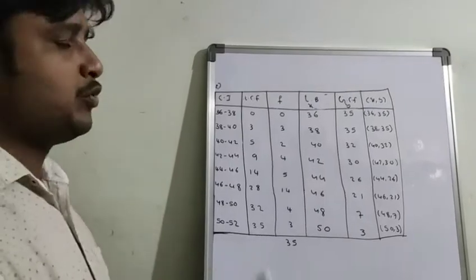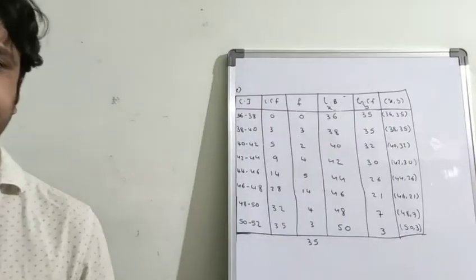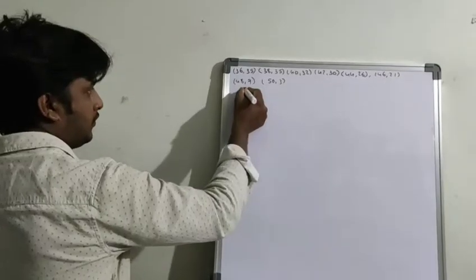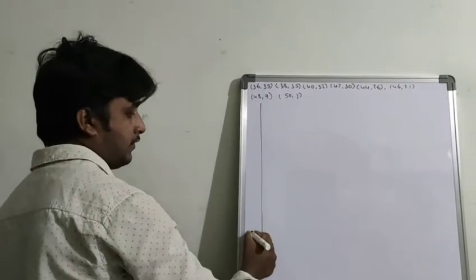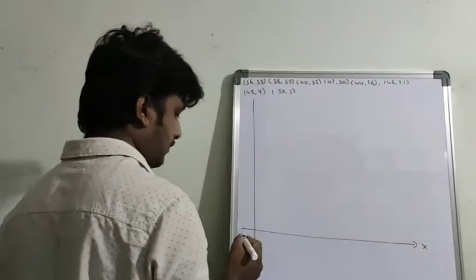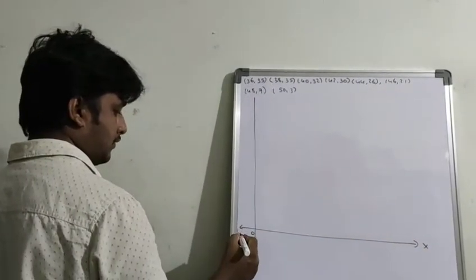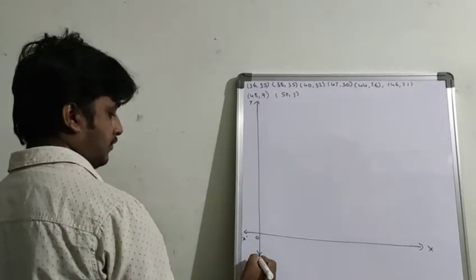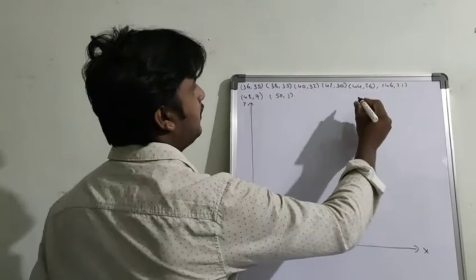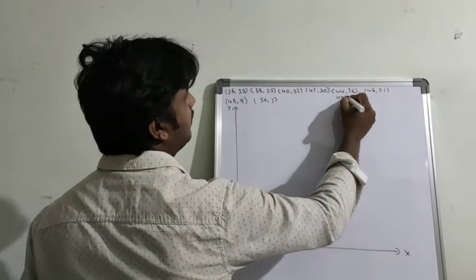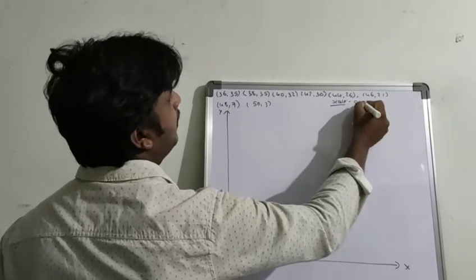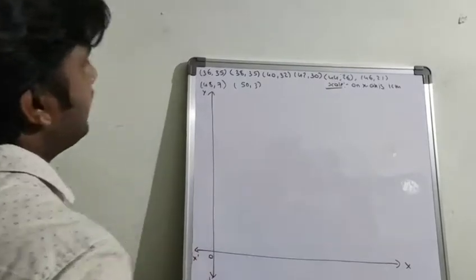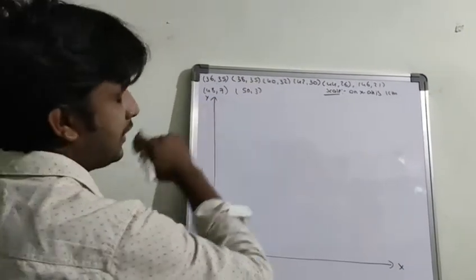Now we'll move to the graph. This is X'OX and Y'OY. For the scale on the x-axis: 36, 38, 40, what is the difference?